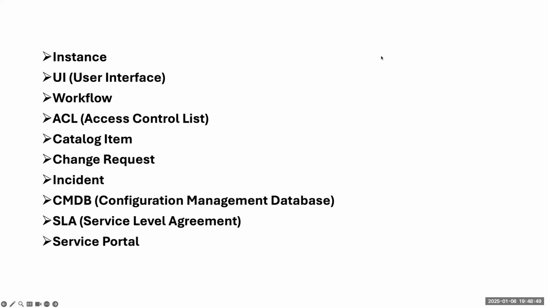Fantastic. The next one is ACL, Access Control List. It can be specific records, fields, tables, modules, anything, whether it's system access, admin access, or super admin access.